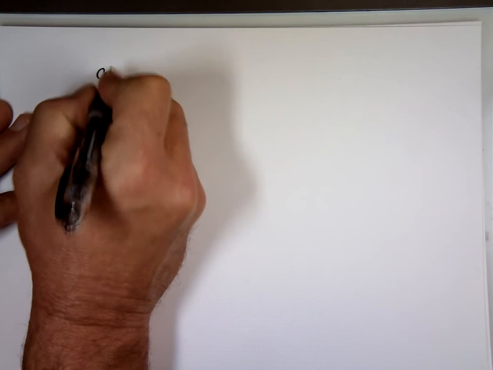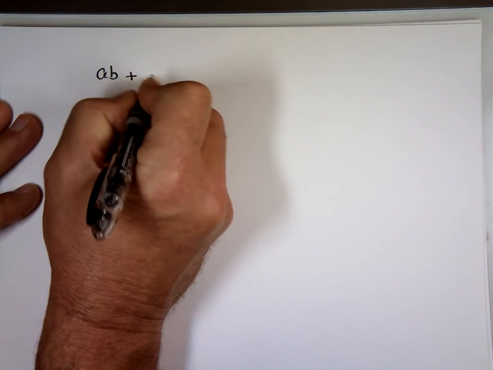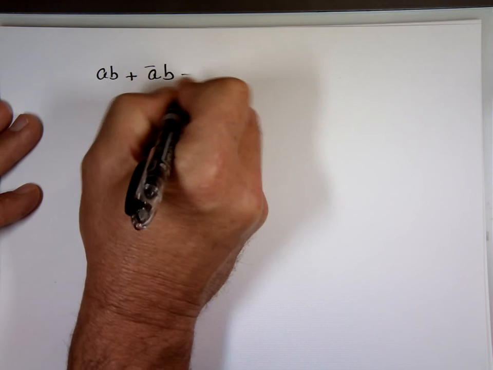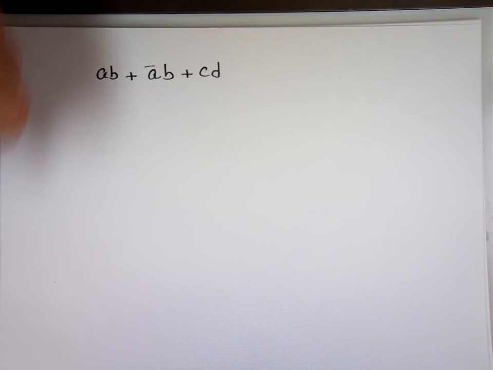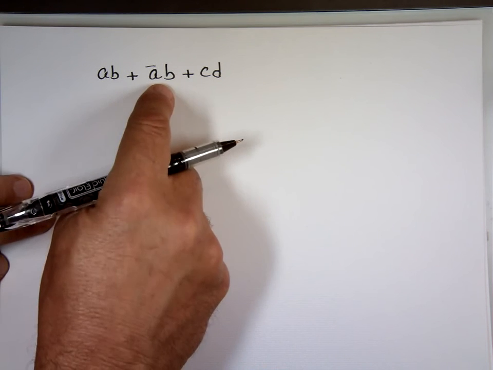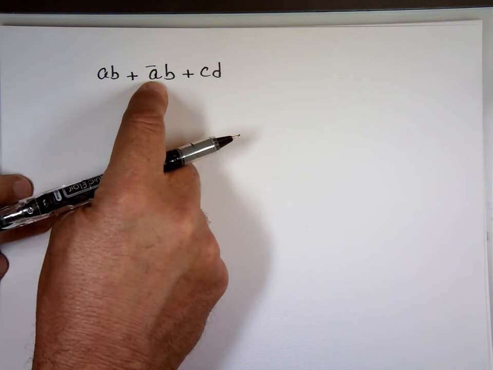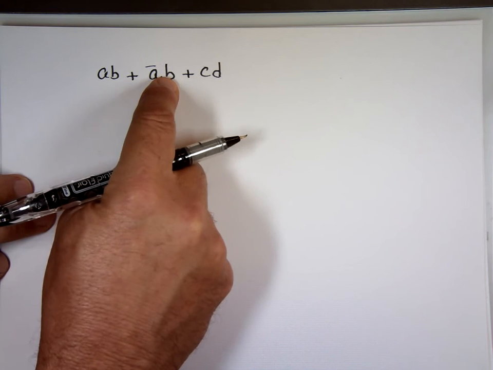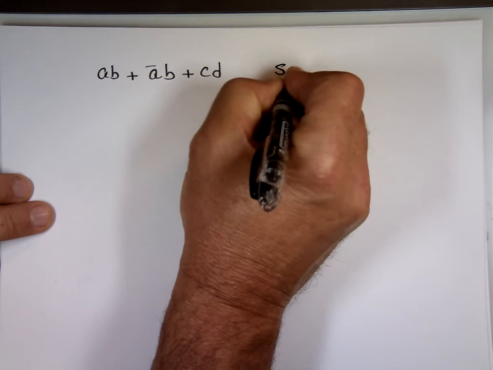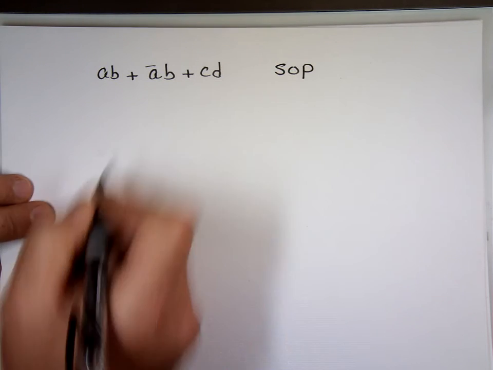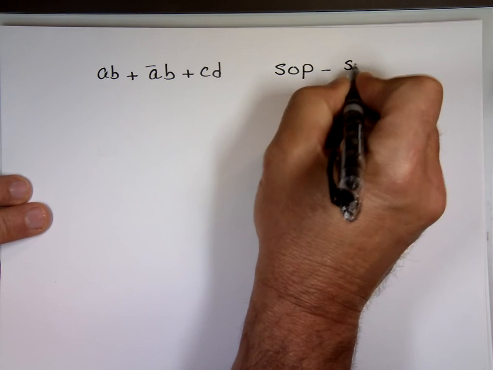When you see an expression written like this, AB plus, I'm just making things up, A naught B plus CD, these are known as what? Products, right? And at the end, what do you do with them? Add them. That's known as sum of products.